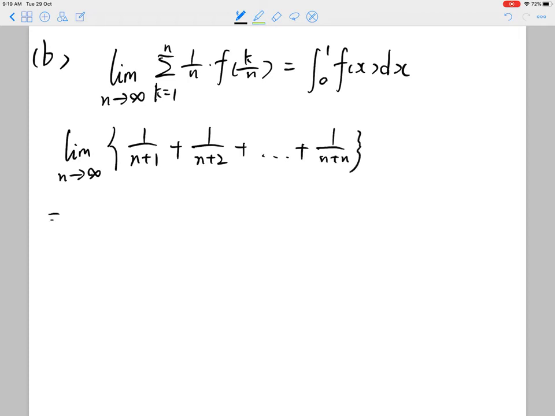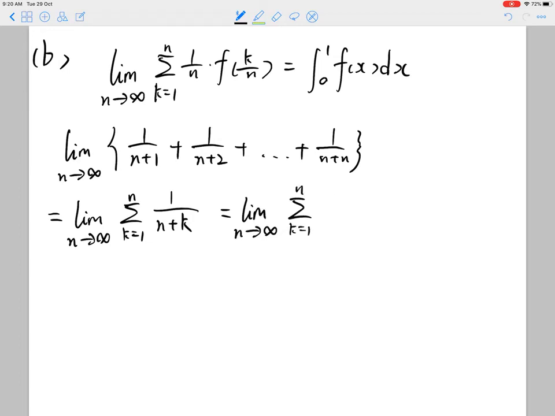So you can write this as the summation of k from 1 to n of 1 over n plus k. Now you need a 1 over n inside the summation. Here you don't have a 1 over n, so you can put a 1 over n here, and you multiply n over n plus k.